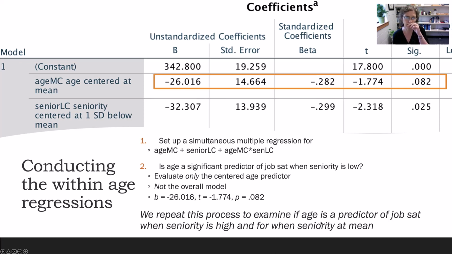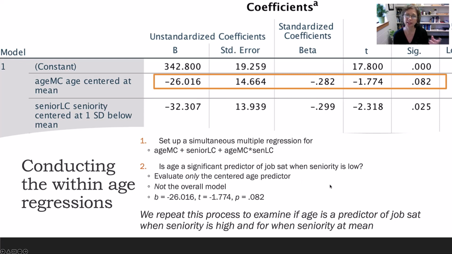So this provides us, there's the question of what is a simple slope? A simple slope is the slope between age and job sat under the condition of seniority being low here. So this would end up having a conditioned prediction equation that job sat is predicted to be 342.80 plus or minus, since it's a negative, 26.02 when seniority is low.